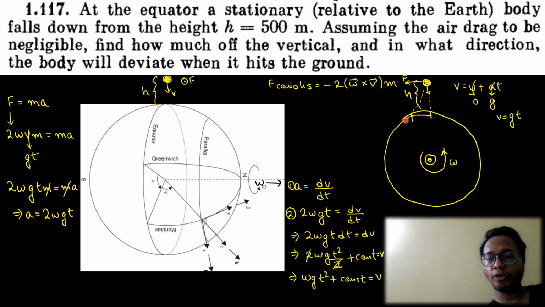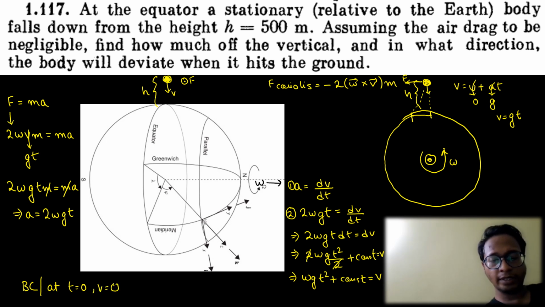And this v is in this component. Now see, let's apply the boundary condition to find out the value of constant. At t is equals to 0, that means when the particle was out here, the initial component of velocity in this direction was equals to 0. So v is equals to 0.